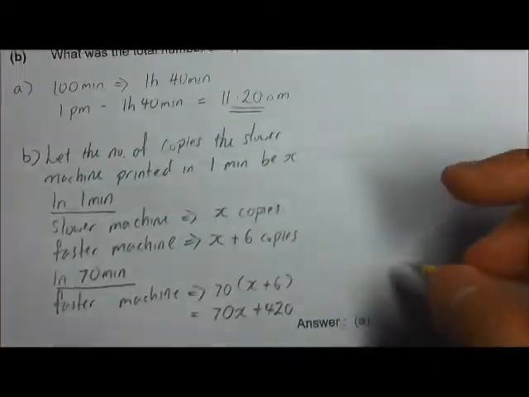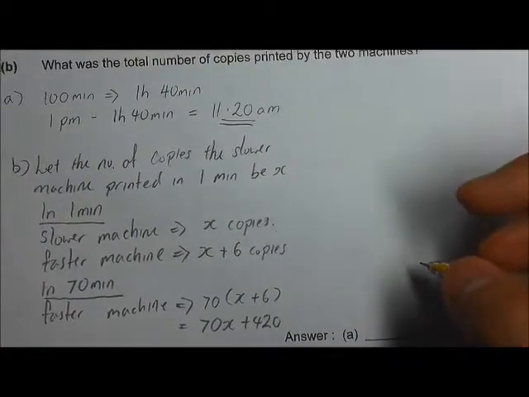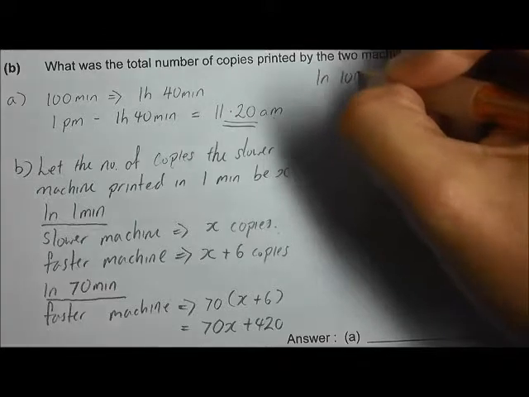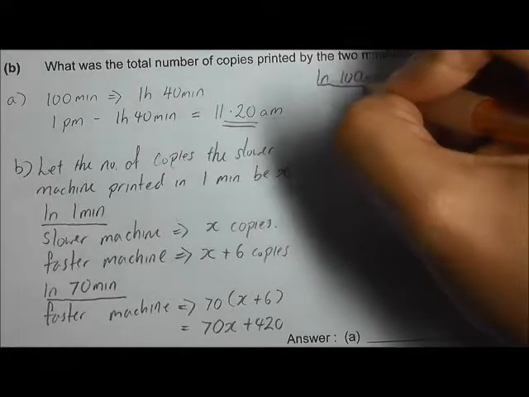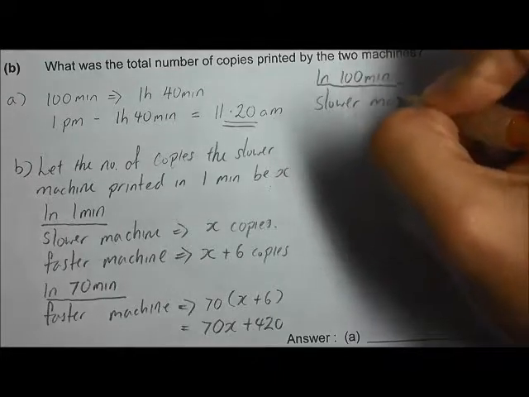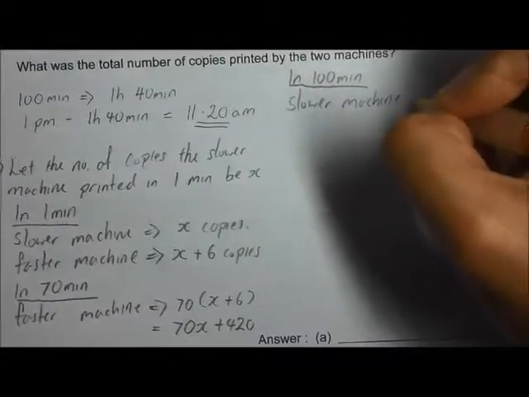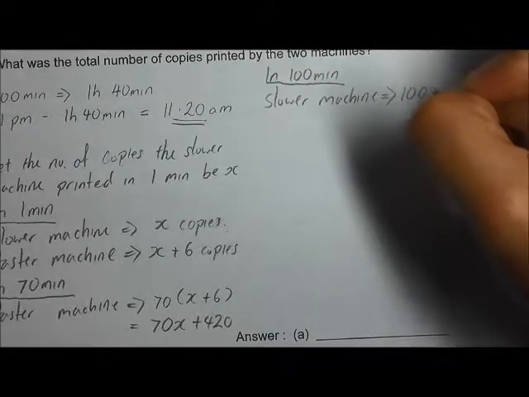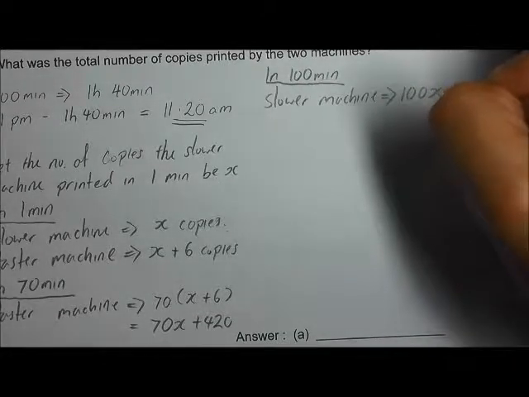Okay, and in 100 minutes, the slower machine will print 100x copies.